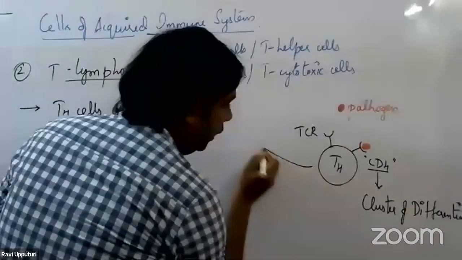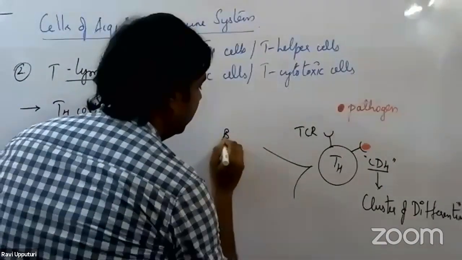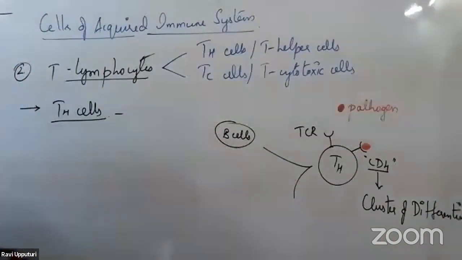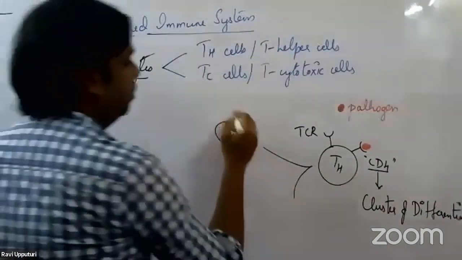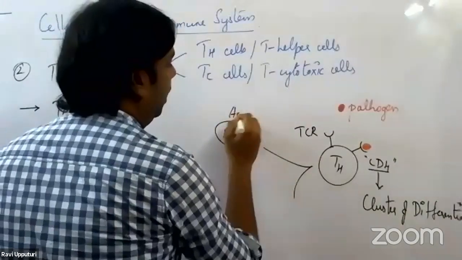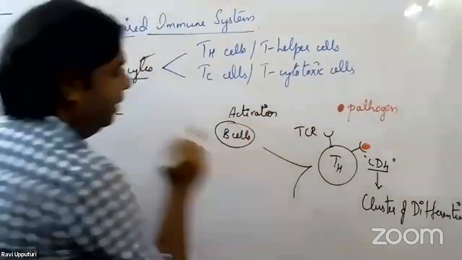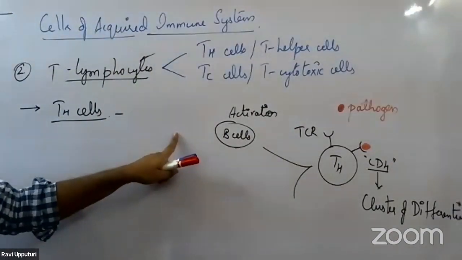One is that it goes to the B cells and starts activating them. So the T helper cell brings about the activation of the B cell. We know what happens once the B cell gets activated.